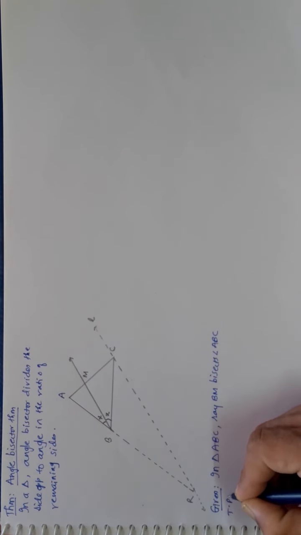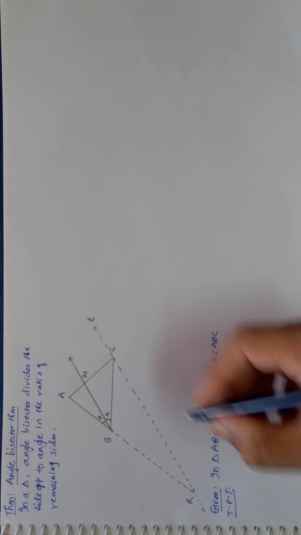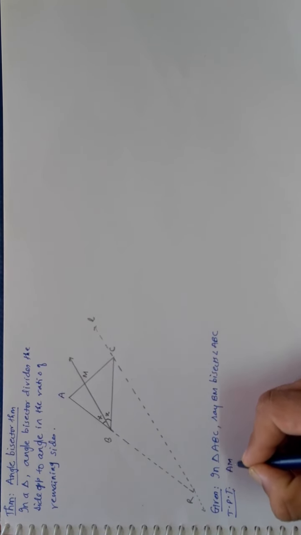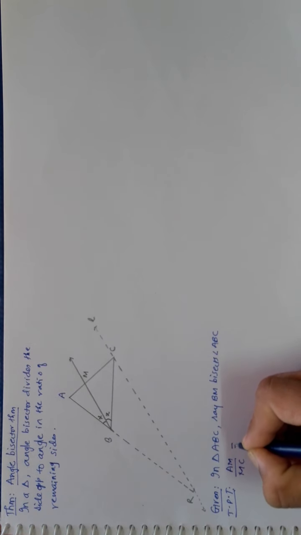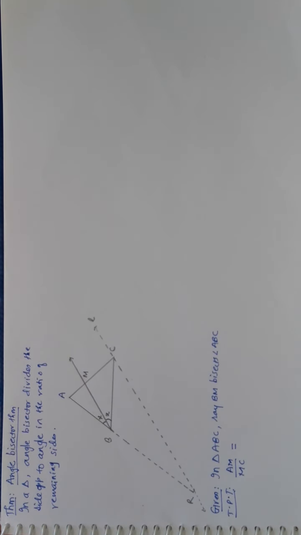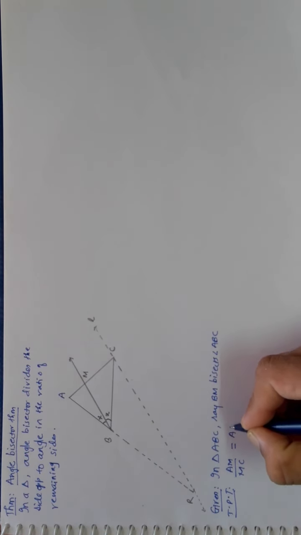Means if a triangle and an angle bisector are given to you, you have to show that it divides the side opposite to the angle, that is AM is to MC, in the ratio of the remaining sides. Now I have two remaining sides, AB and BC. Whom to take first? See the upper side, AM. Who is the vertex? Obviously A. So start from A, that is AB is to BC.